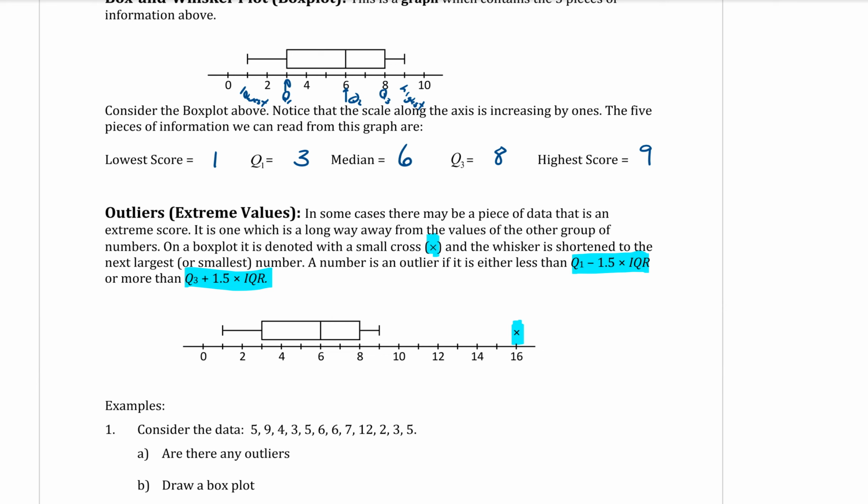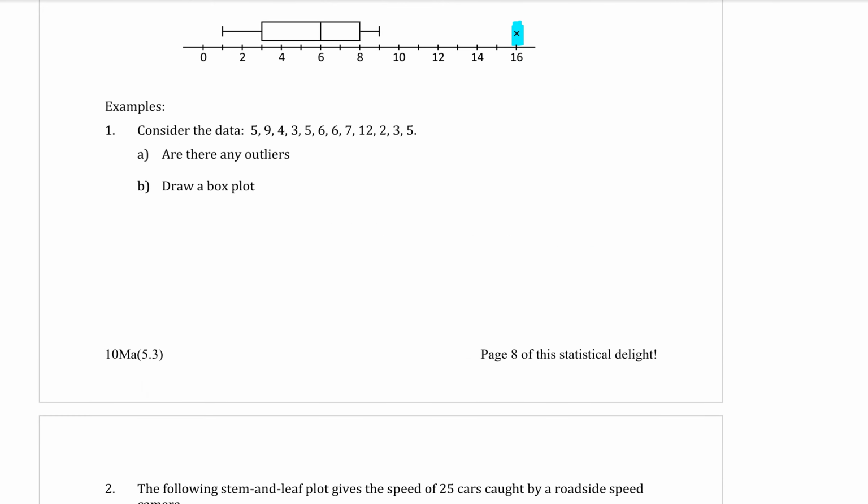Okay, so examples. Number 1, consider the data. Are there any outliers? Let's put them in order first. From smallest to largest, we're going to have 2, 3, 3, 4, 5, 5, 5.